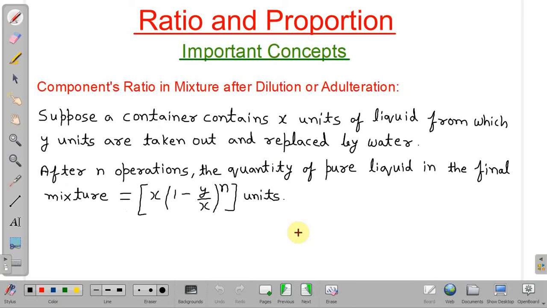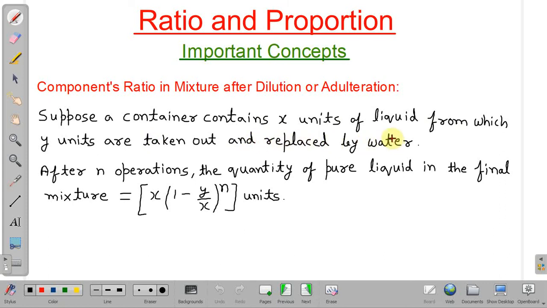Next one is component ratio in mixture. When we do dilution or adulteration, suppose the milkman is adding some water in the milk. Suppose the container contains X units of pure liquid, from which Y units are taken out and replaced by water.